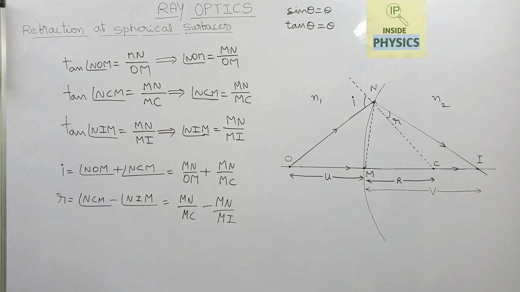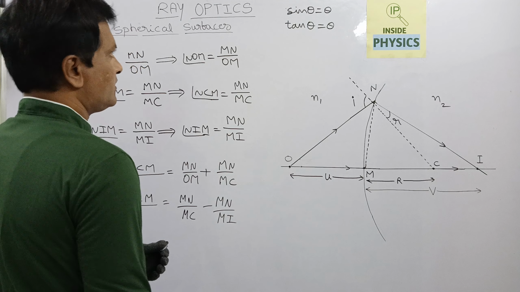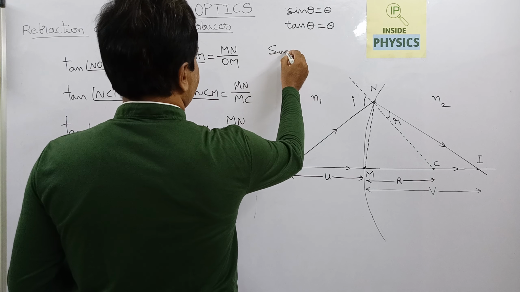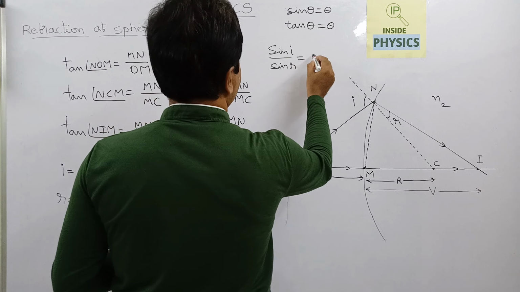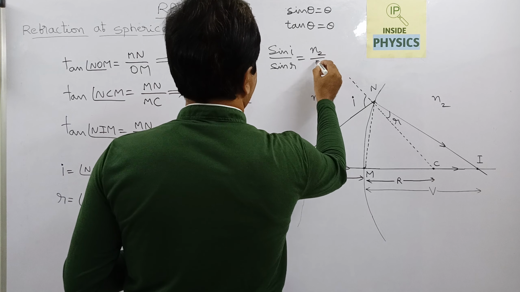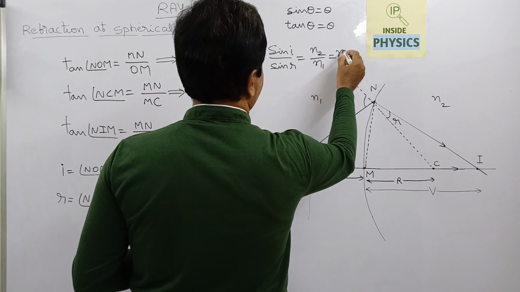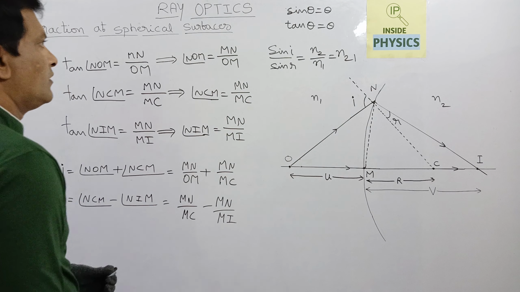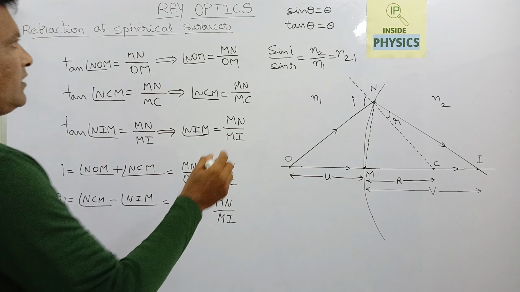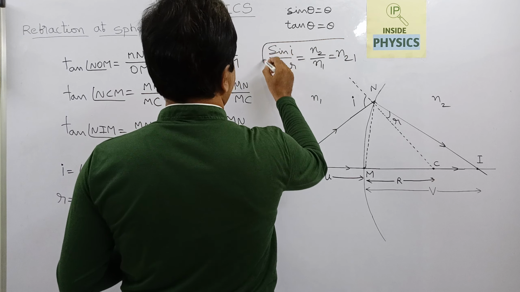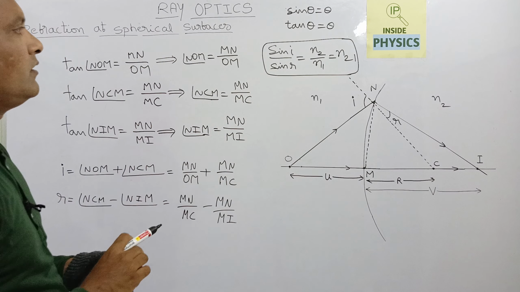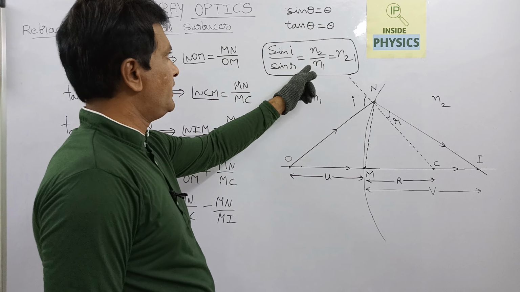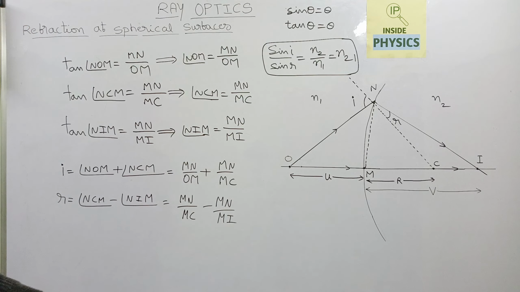Now we know from Snell's law, sin I by sin R is equal to N2 by N1, that is, we can also write it as N21. Snell's law says sin I by sin R is equal to a constant called the refractive index of the second medium by the refractive index of the first medium.